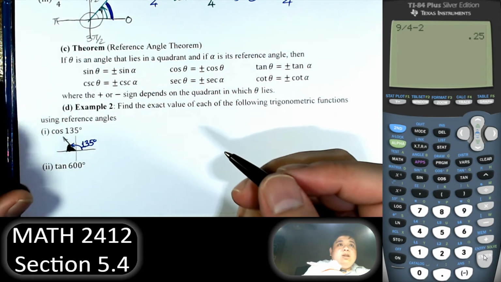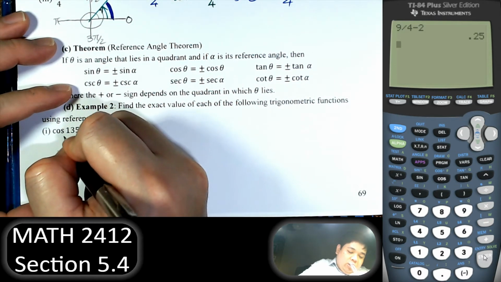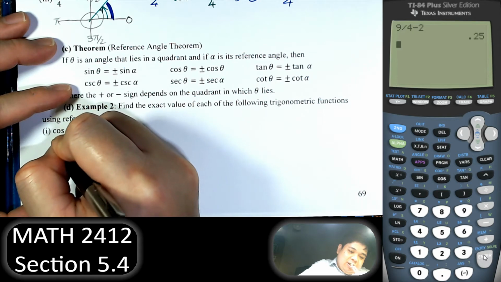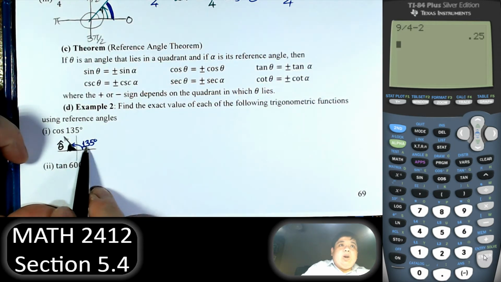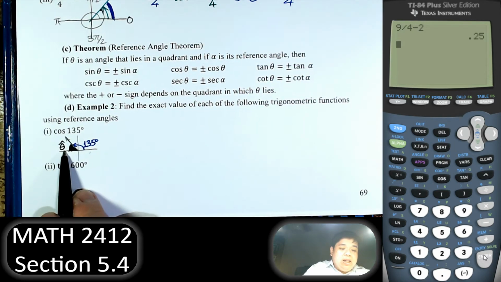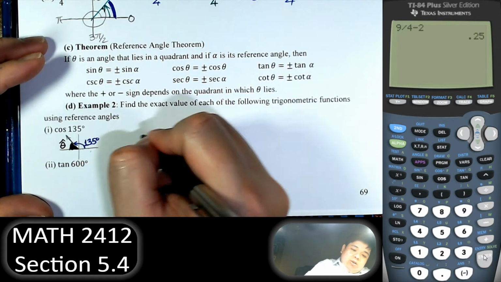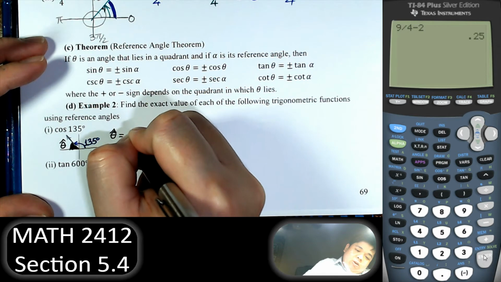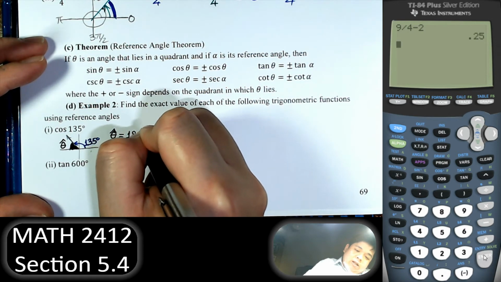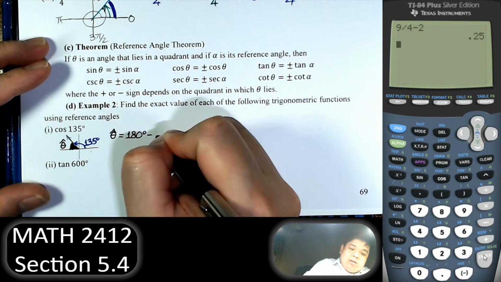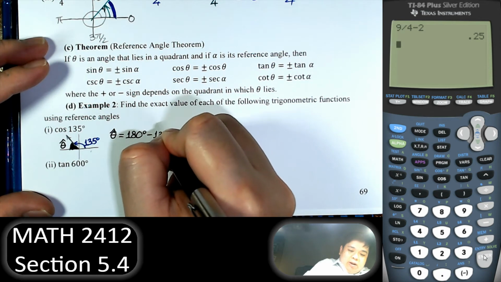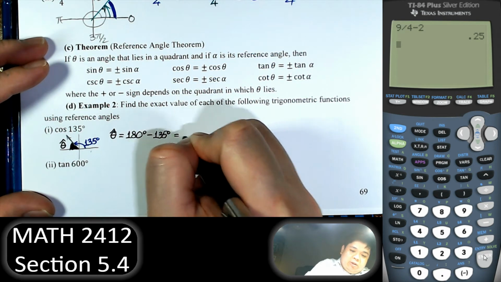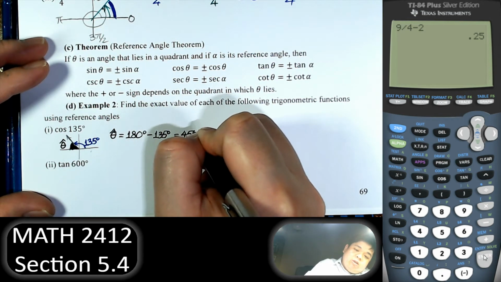So the whole straight angle is 180 minus 135. So first, the reference angle is equal to 180 minus 135, which is 45 degrees. So the reference angle is 45 degrees.